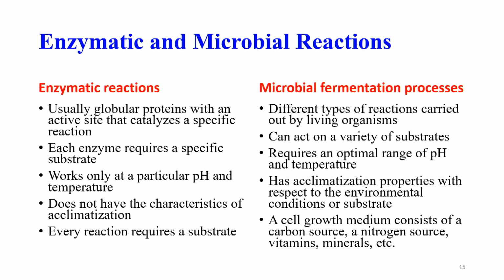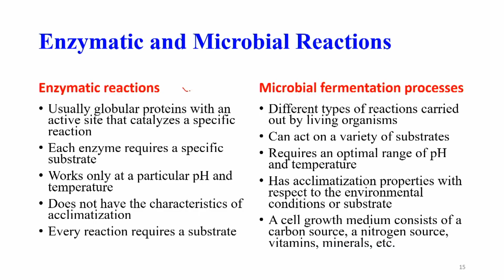Now, before we proceed to the Monod model, let us quickly revisit the difference between enzymatic reaction and microbial fermentation process. In case of enzymatic reaction, usually a globular protein with an active site catalyzes a specific reaction.